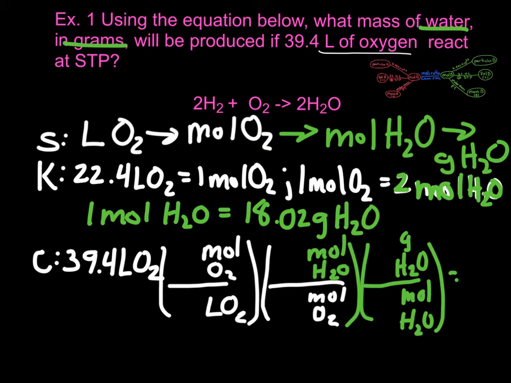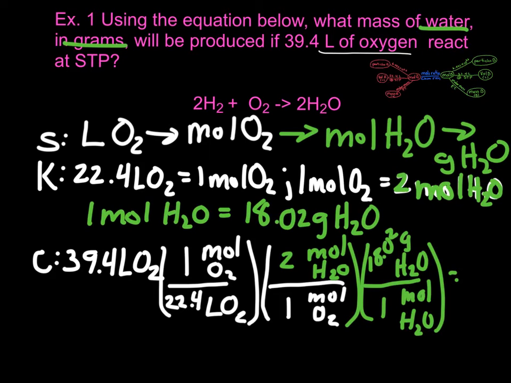Our numbers follow. We have 22.4 liters in 1 mole of oxygen. 1 mole of oxygen is equal to 2 moles of water. And molar mass is the mass in 1 mole of water, and we have 18.02. So, on our calculators, we take 39.4 divided by 22.4 times 2 times 18.02.